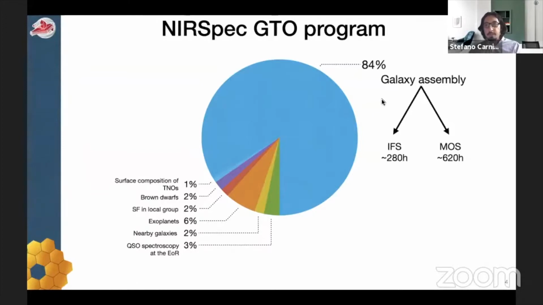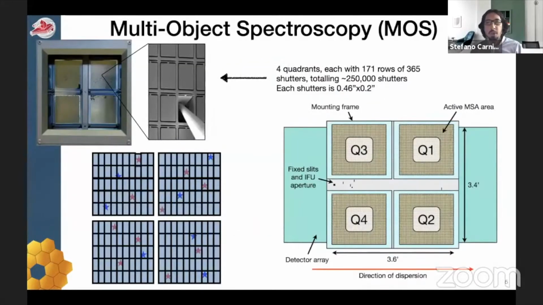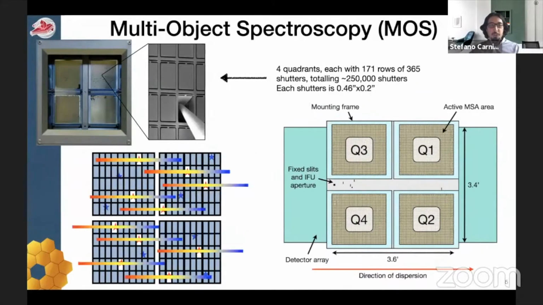So I'll start with the MOS mode. I think you already know how it works. The idea is to use the roughly 250,000 shutters in the multi-shutter array to target our high-redshift galaxies and get their spectra in just one shot.